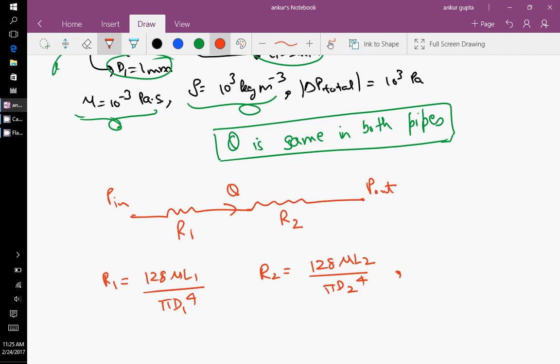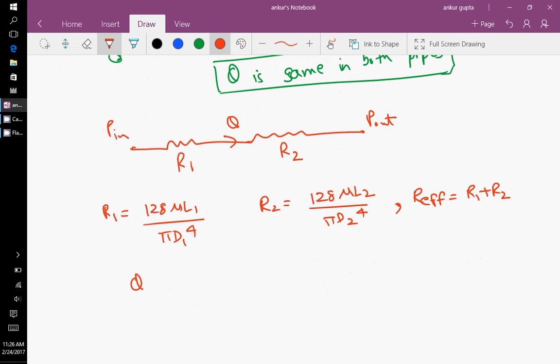The net resistance R effective is R1 plus R2. We discussed in the last class that Q can be written as P in minus P out by R effective.